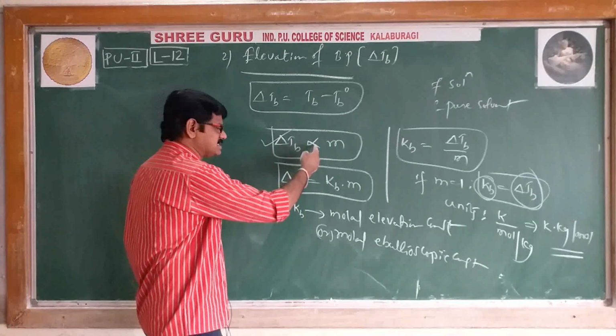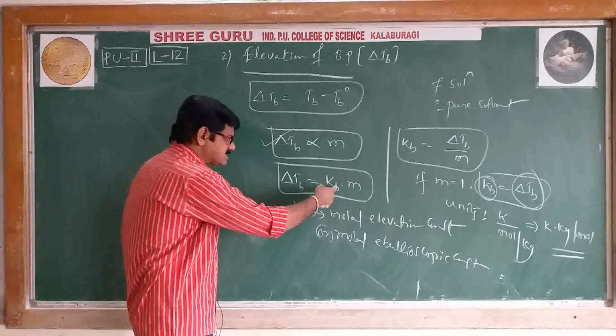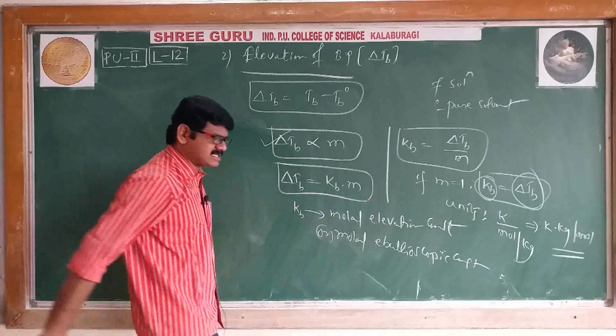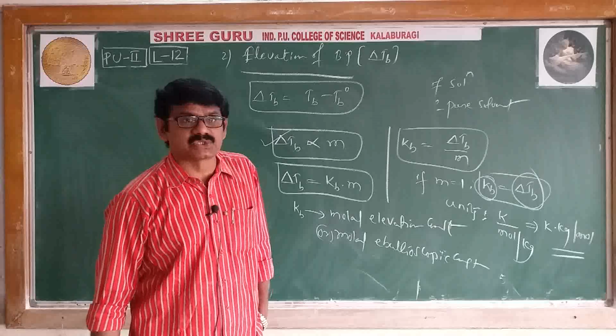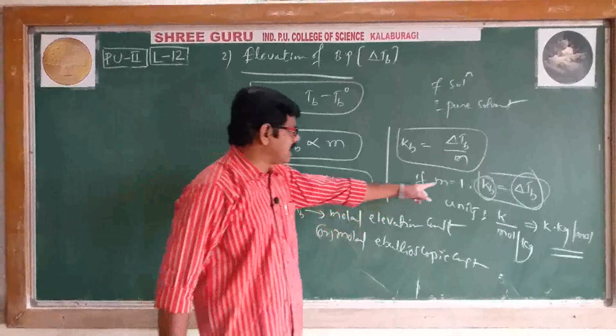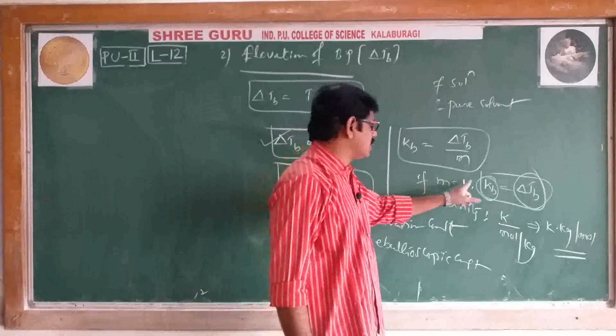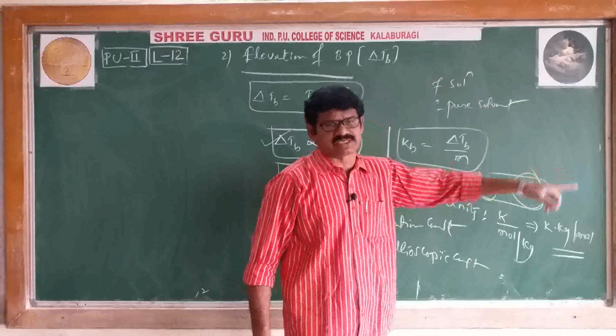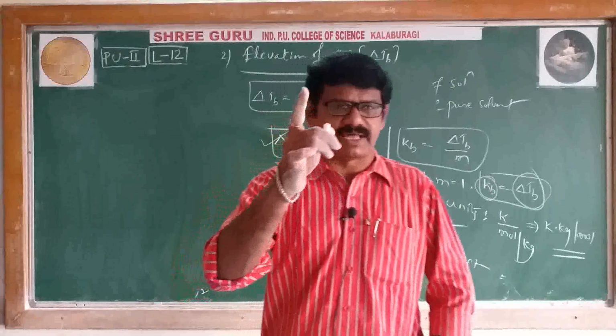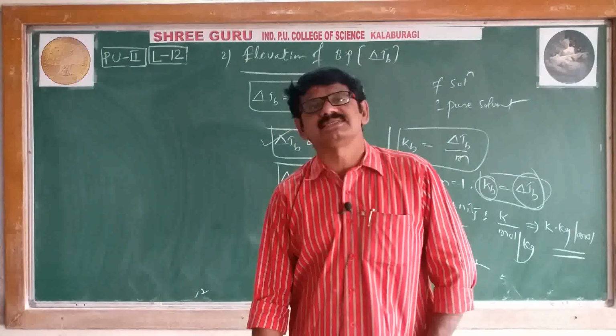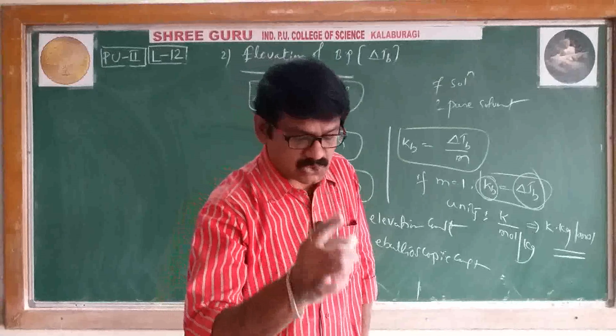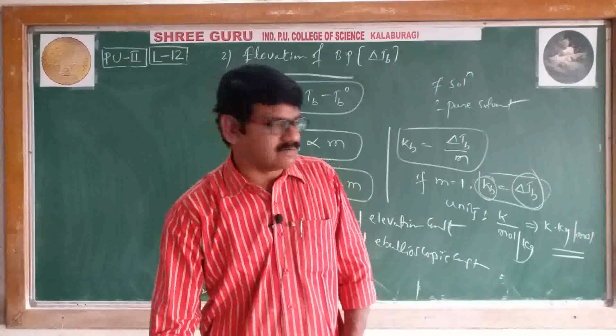Therefore, if you remove the symbol, you will write KB. What is KB? The molal elevation constant or molal ebullioscopic constant. How to define it? It is also the elevation in boiling point, but when 1 mole of solute is present in 1 kg of solvent.